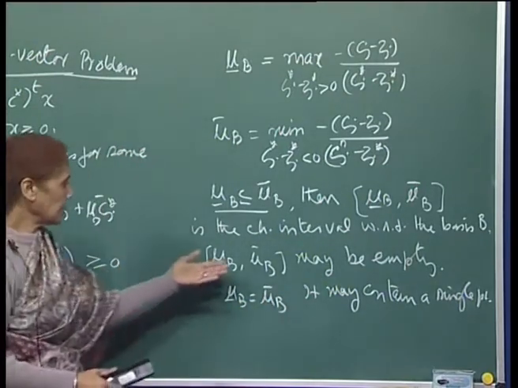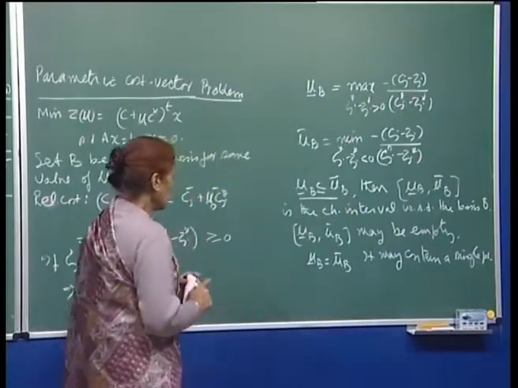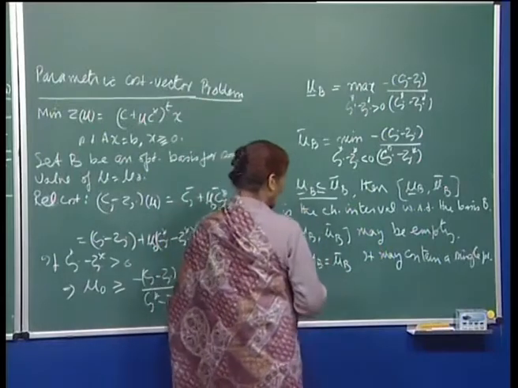Otherwise it is a proper interval that has more than one number, and so B is optimal for all values of mu in this interval, right. Okay.